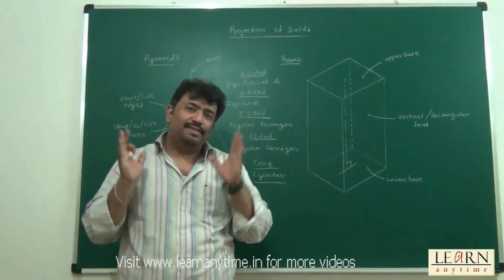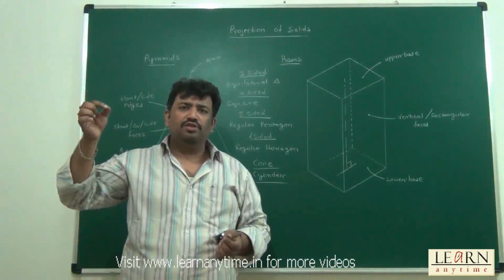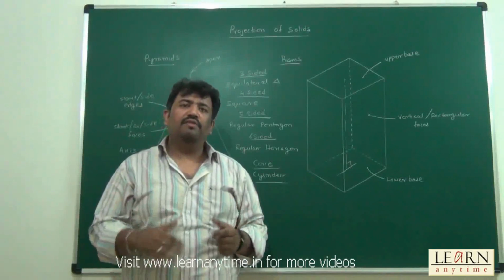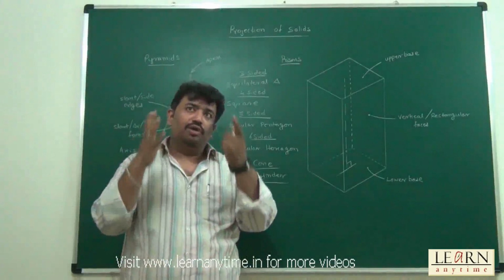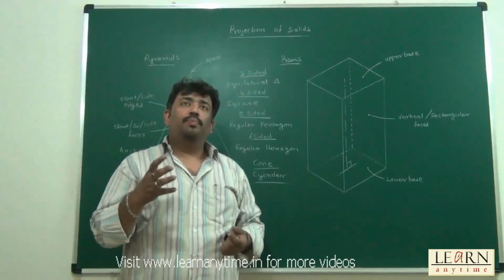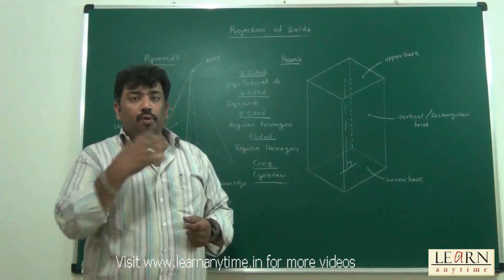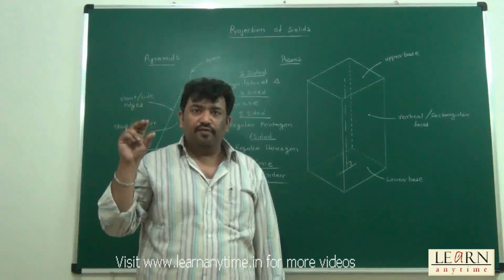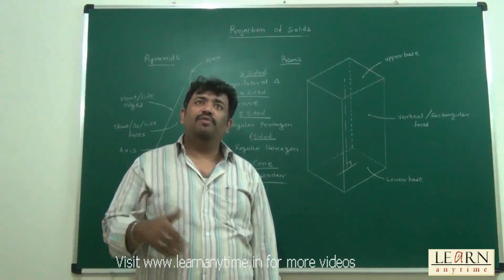Now out of these 10 solids, they will pick any one, keep it in the position they want, and ask you to draw the front view and top view. That means you will not be able to actually see the solid. The position of the solid will be described in words. The problem of projection of solids will be in text, like a paragraph, and in that problem they will describe which solid it is.